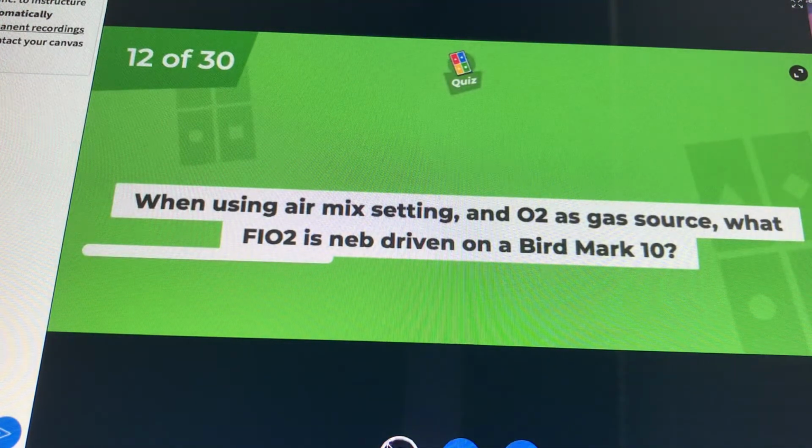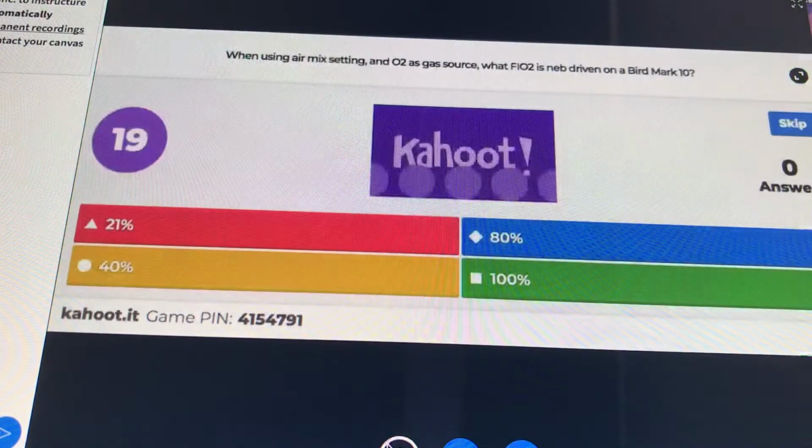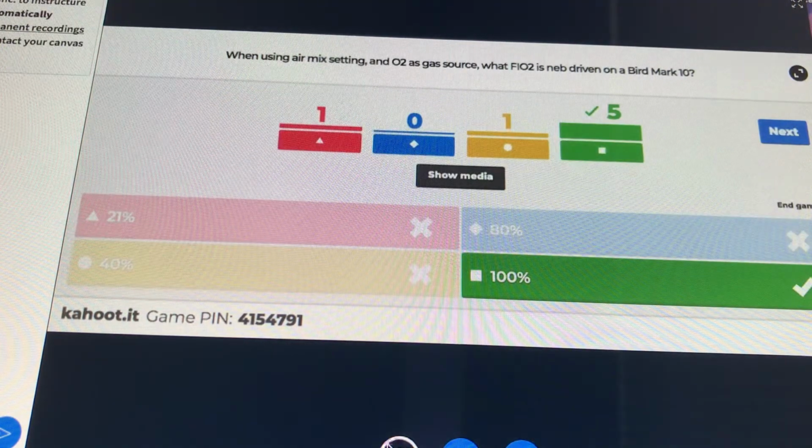When using the air mix setting and O2 as a gas source, what FiO2 is the nebulizer driven on the Bird Mark 10 setting?